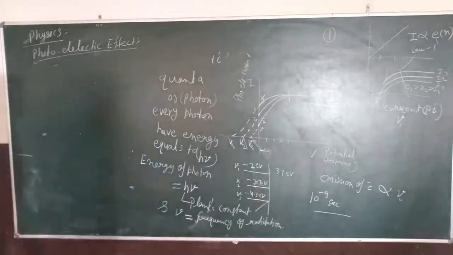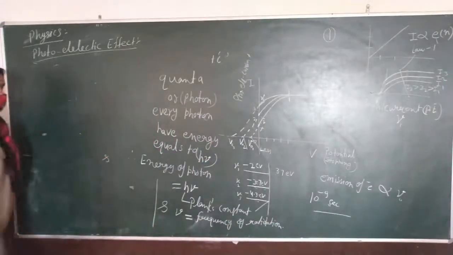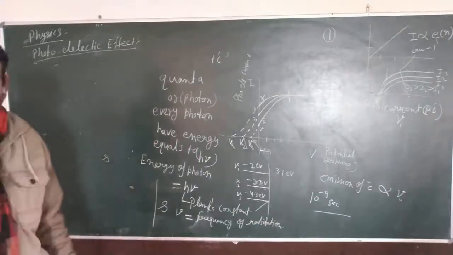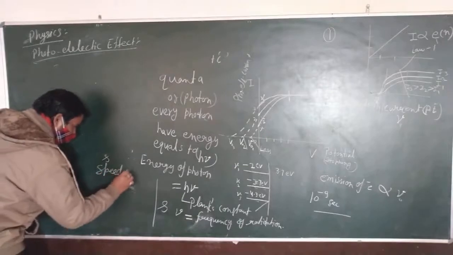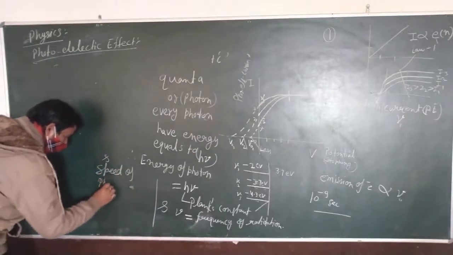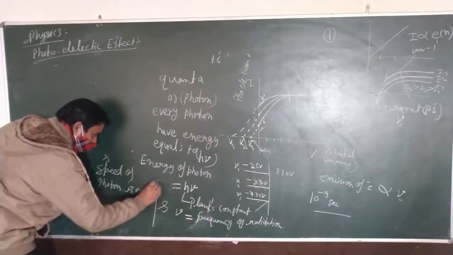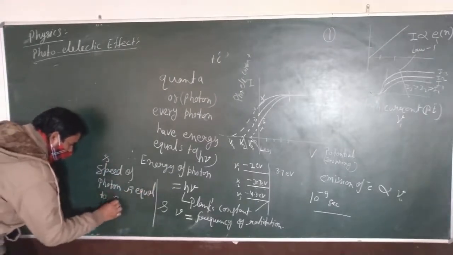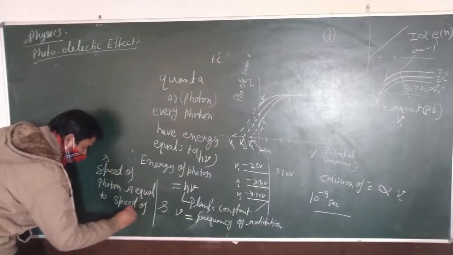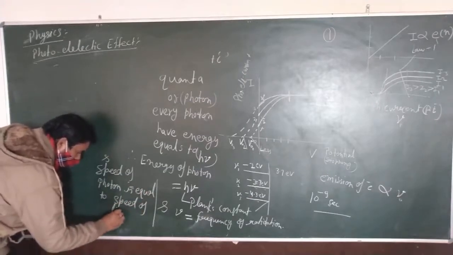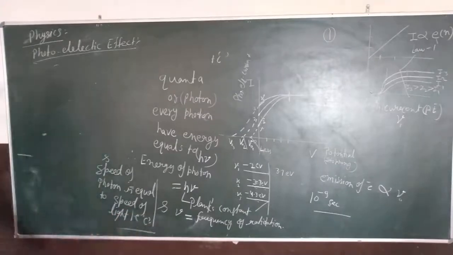And the speed of photon is equal to the speed of light, that is equal to c.